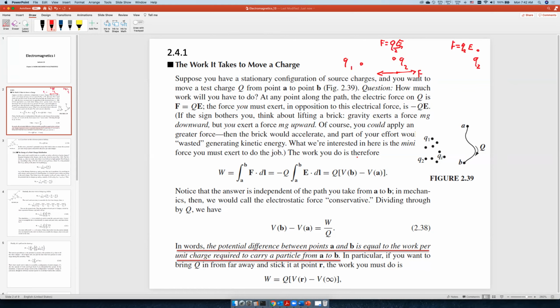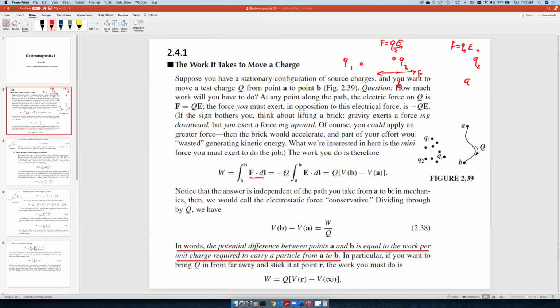Then the work you need to do is this force, negative QE, times dL, which is the force over a very short displacement, and then you integrate from position A to position B. If this is position A and this is position B, you just do a line integral, or path integral, of F dl.